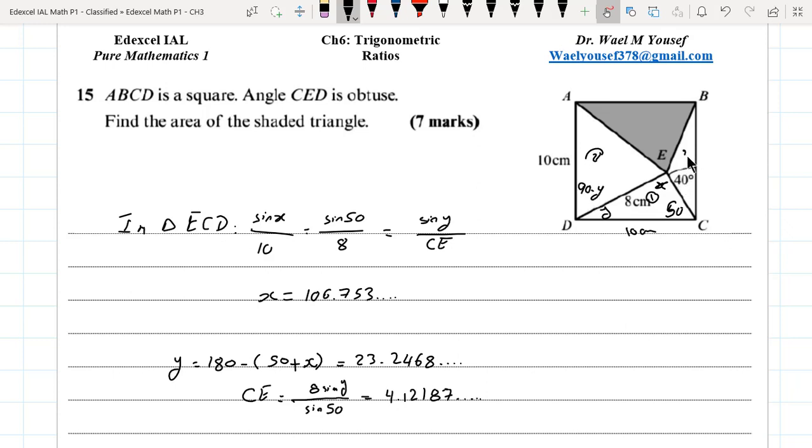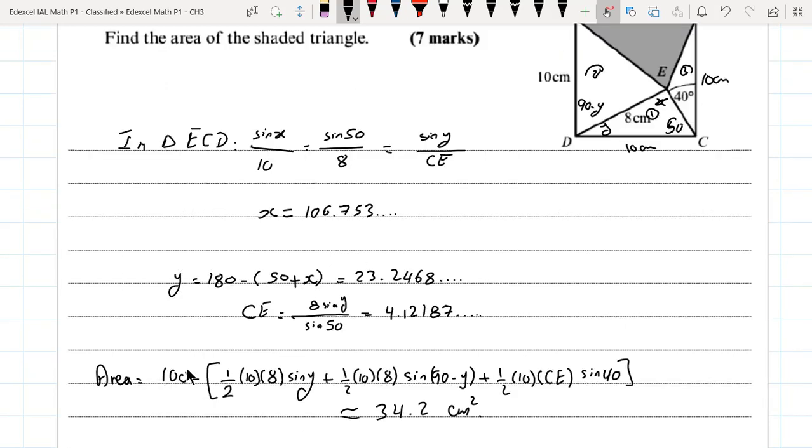Okay, and for the third triangle, I can get its area by half times 10, which is CB, times CE times sine 40. Okay, and subtract all of them from the square area. This is the area of the square minus the area of the first triangle plus the area of the second one and the area of the third one, and the final answer should be approximately equal to 34.2 centimeters squared.